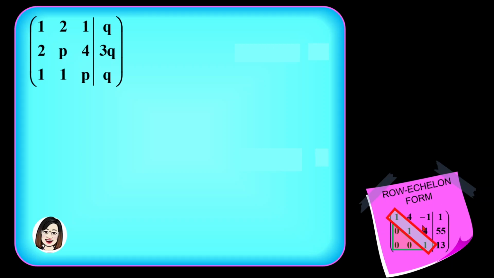But before we go to that, we need to firstly know what are the things that we can do to reduce our augmented matrix into row echelon form. So let's check it out.